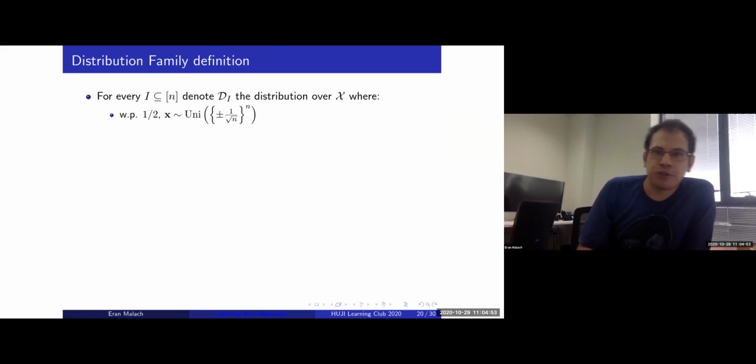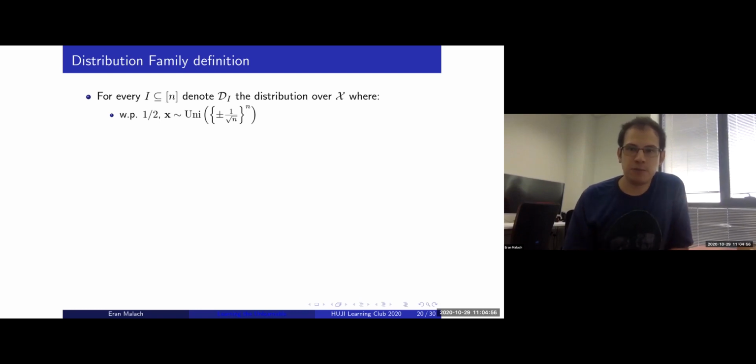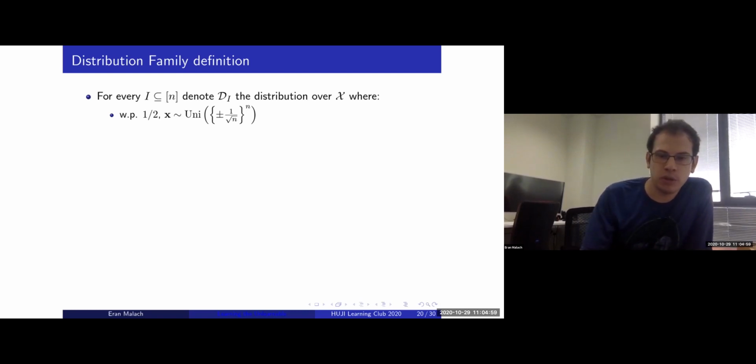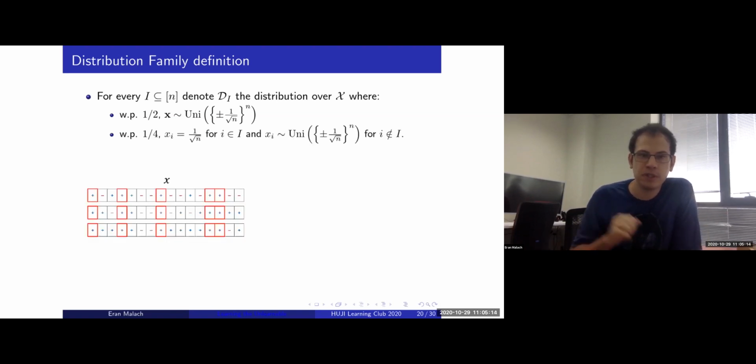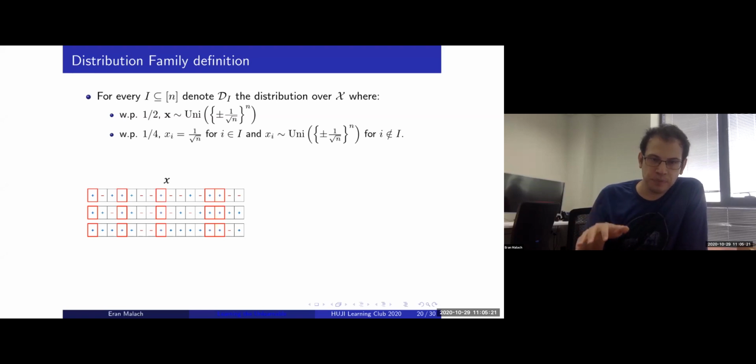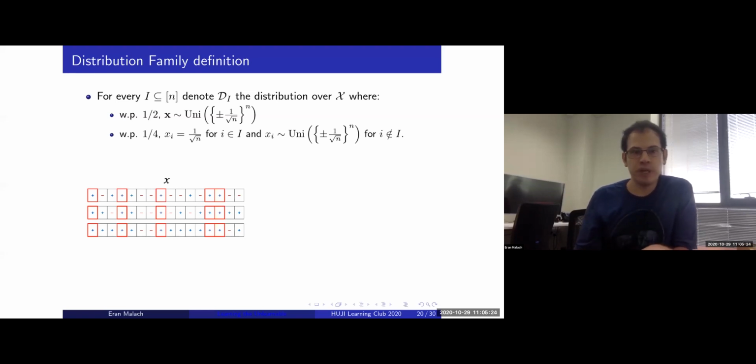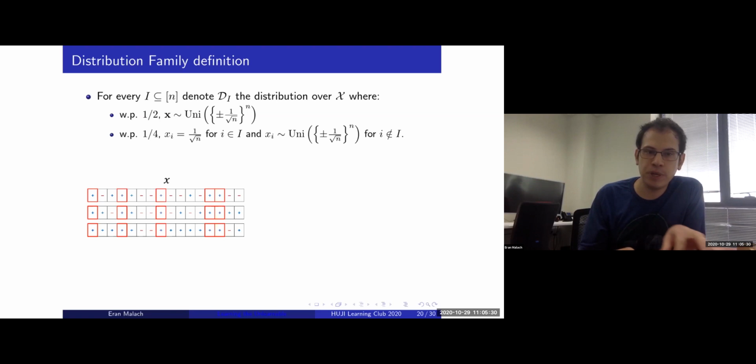So let me define this distribution family. It will appear somewhat synthetic, but it's good enough to prove the result. We define it as follows. With probability 1/2, we just choose a uniform set of bits. The input is a set of n bits normalized to the unit sphere. With probability 1/4, for every subset I, we choose all the x_i's that are in the subset to be all +1, and then the rest of the bits we select uniformly.